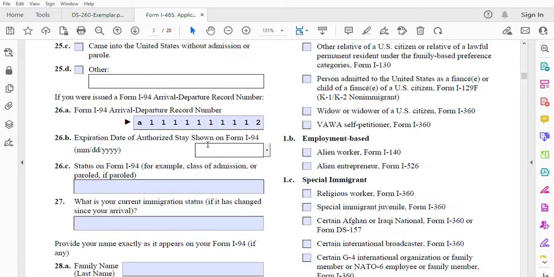For example, it's gonna be 01/06/2023. Status on Form I-94, for example, class of admission or paroled, if applicable. It is a K1 visa.